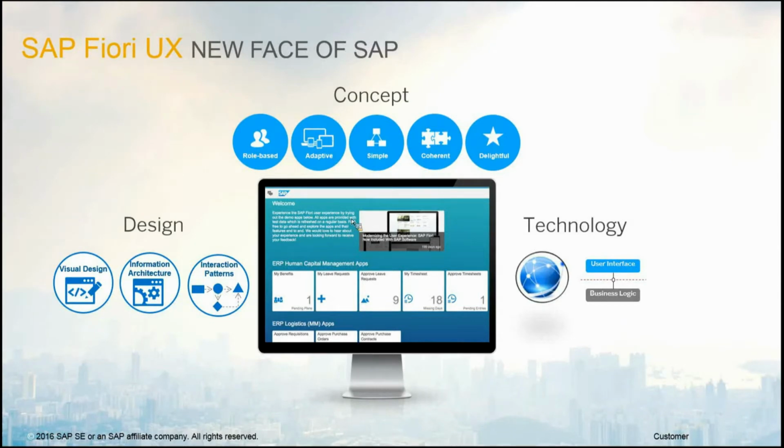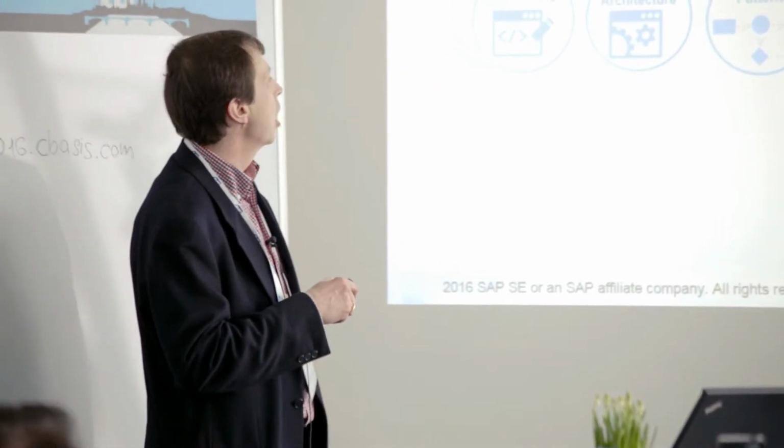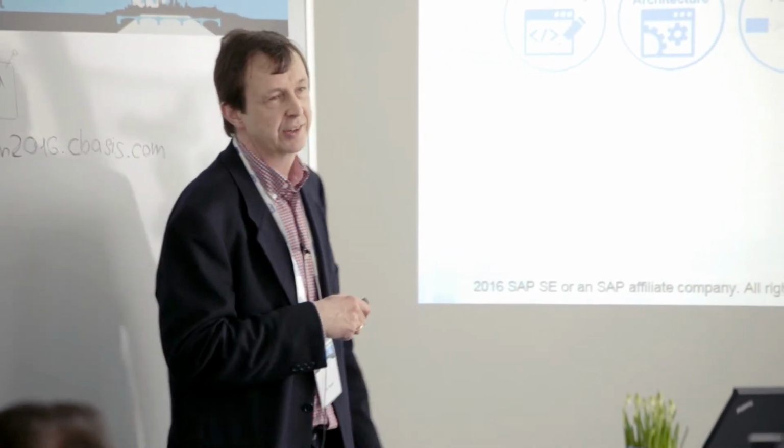We also make them coherent, meaning you can recognize the apps instantly. A very familiar layout and familiar design makes them easy to use. And so with all this, we hope to produce a very delightful user experience that our business users really want to use. To support this concept, a lot of work has gone into the design.